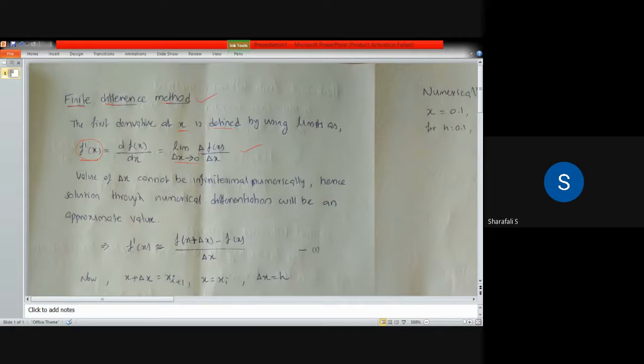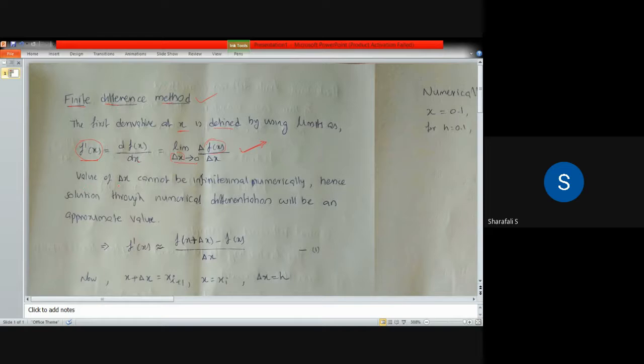When delta x tends to 0, the change in x value tends to 0, and delta f, the change in f, divided by that delta x will give you the corresponding differentiation at the point x. So that is the definition of differentiation numerically for any given function f of x at a given point x.